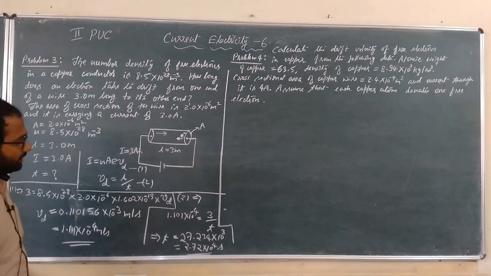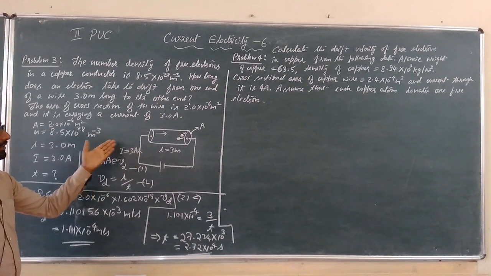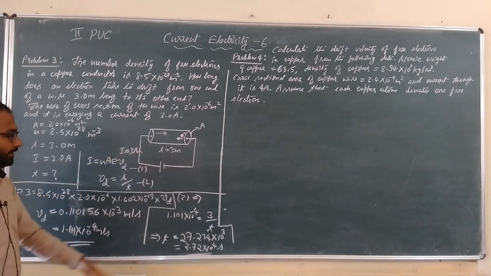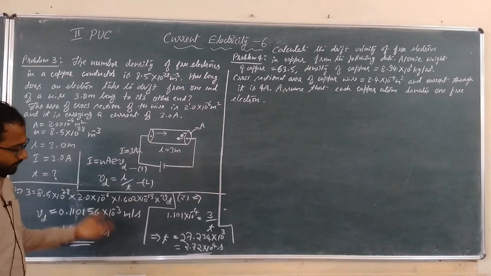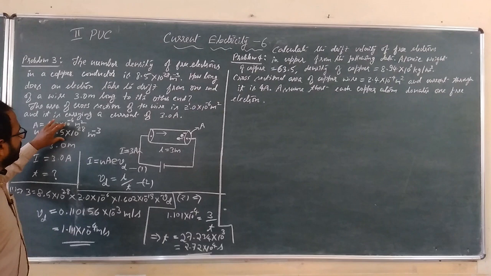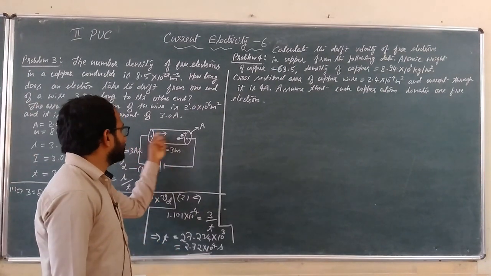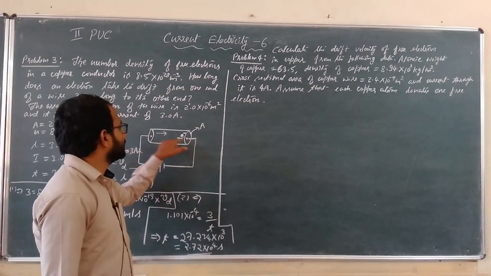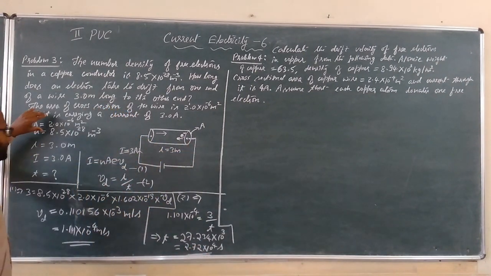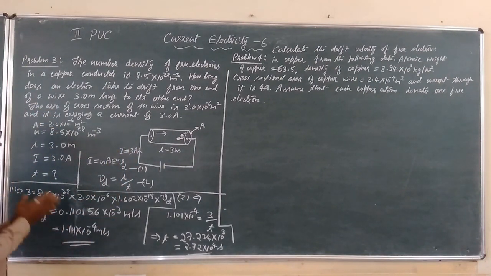Current is 3 ampere, a large finite value of current is flowing, because the number density is more. So even though the time taken by the electron to reach from this end to this end is more, due to the number density, because more electrons are present in this conductor, a large value of current is obtained even though there are more collisions.